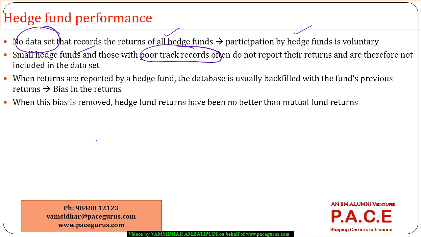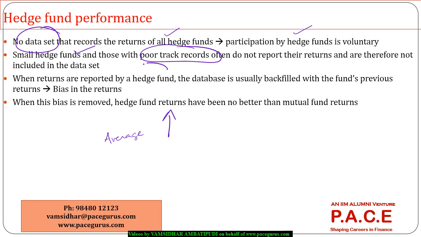So overall performance looks very rosy. The average returns of hedge funds look very inflated, because those small funds which could not do a better job and generated very poor returns are not added to the database. So the average is obviously inflated.